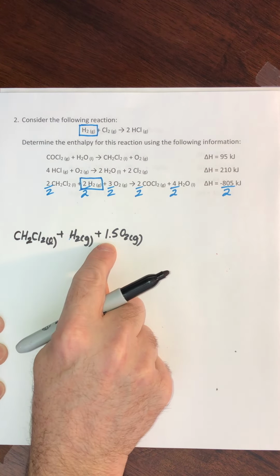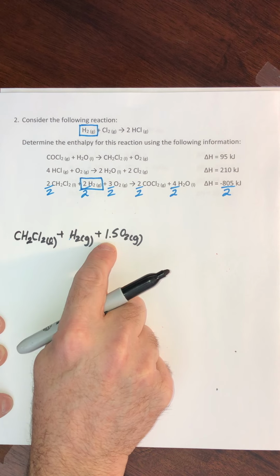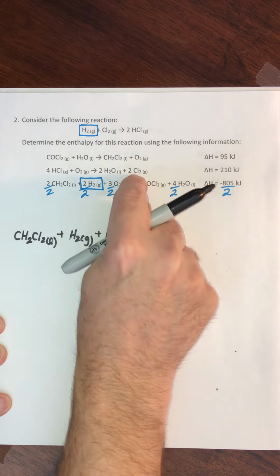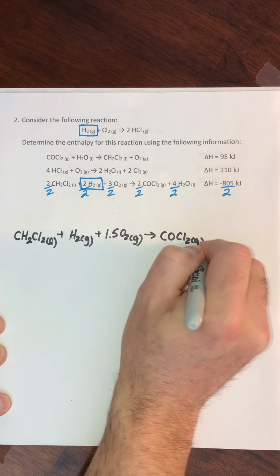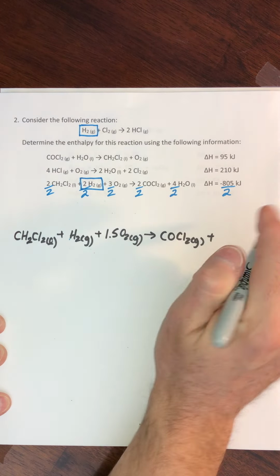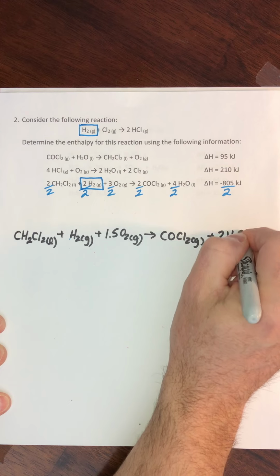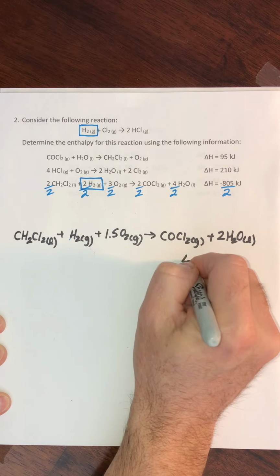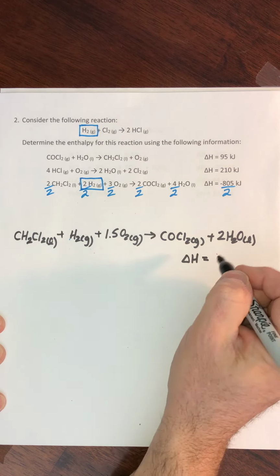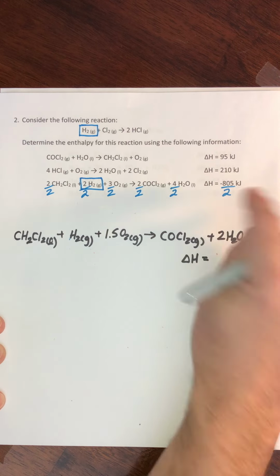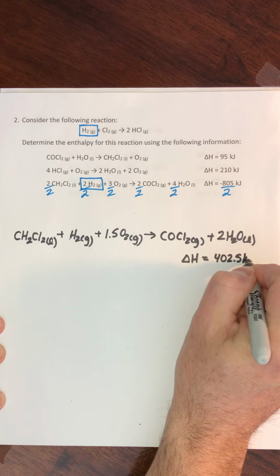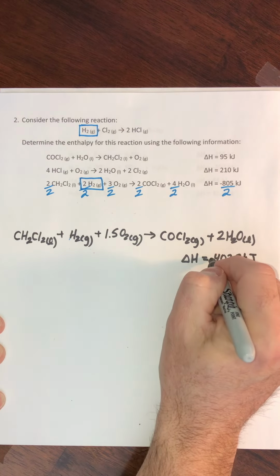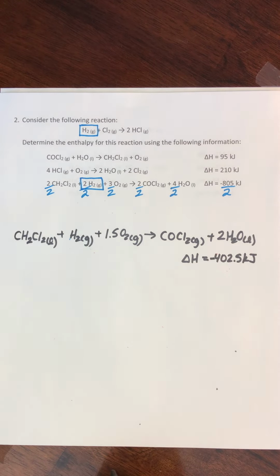For these, we're willing to accept decimal coefficients. 2 divided by 2 gives me 1 COCl2 gas. And 4 divided by 2 gives me 2 H2O liquids. My delta H is 805 divided by 2. So that would be what? 402.5. It was negative, so it stays negative.